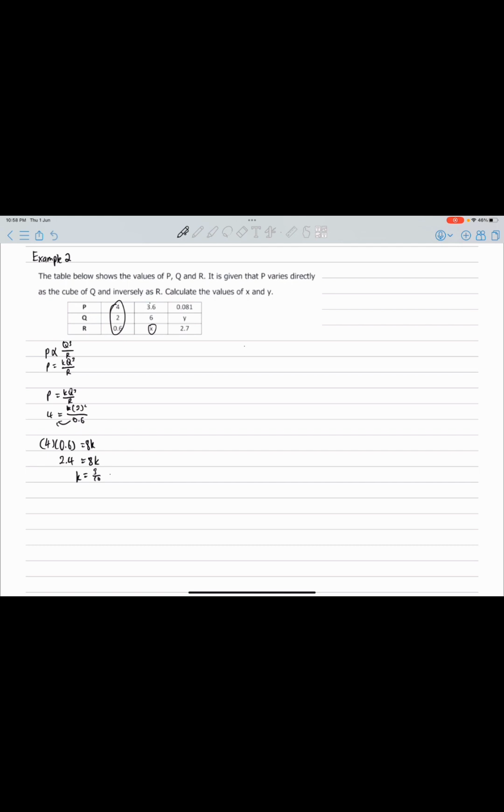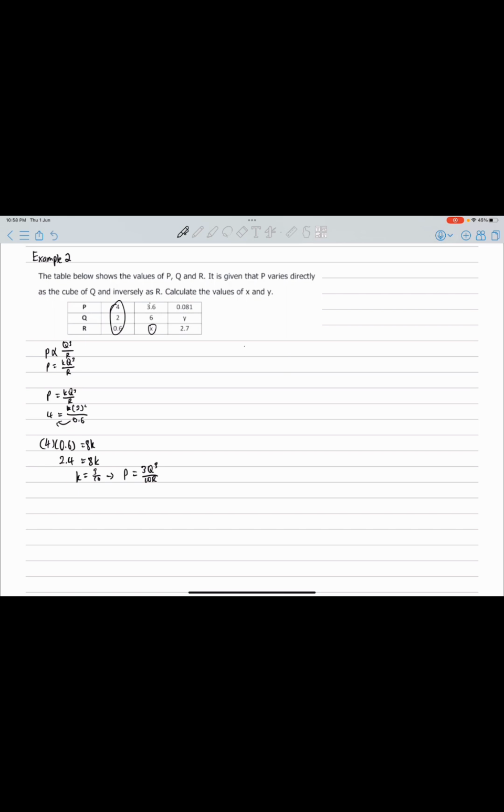From here we can write the new equation, in which we substitute the k into the equation. The new equation will be P equals 3Q cubed over 10R.